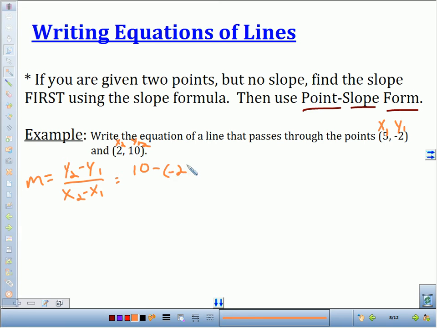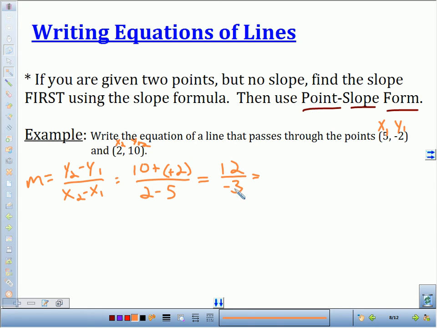So 10 minus negative 2. x2 is 2. x1 is 5, so it's 2 minus 5, x2 minus x1. 10 minus negative 2 is the same thing as 10 plus 2, so I have 12. 2 minus 5 is negative 3.